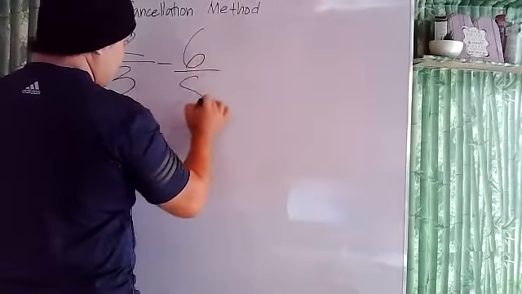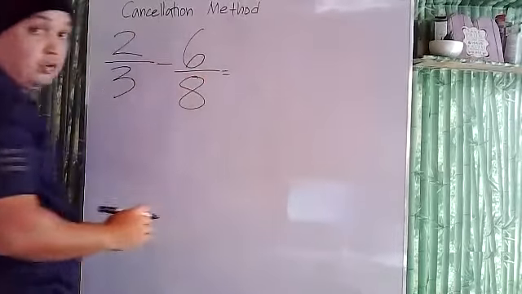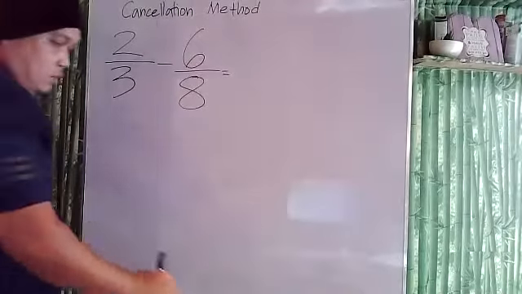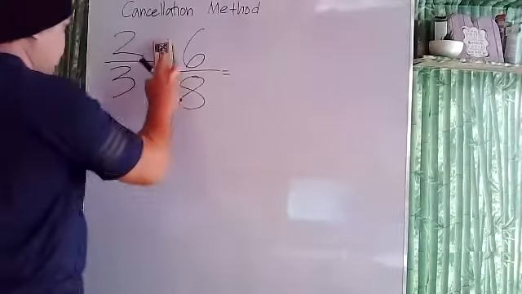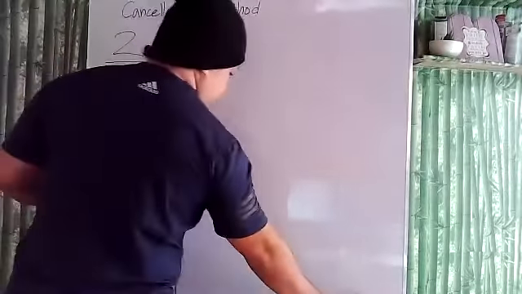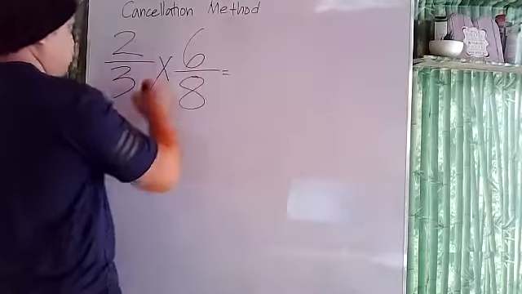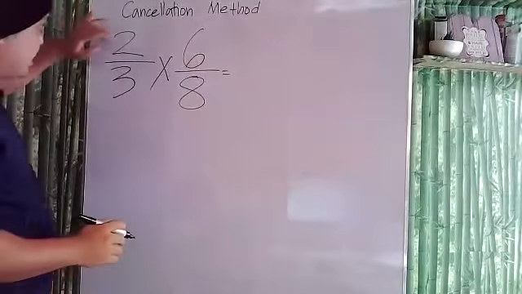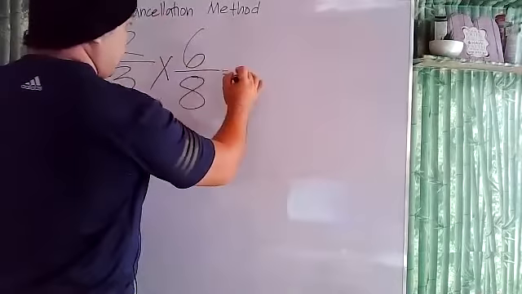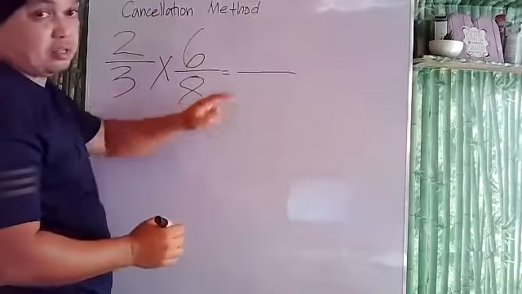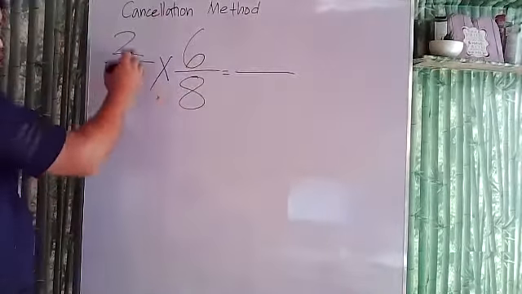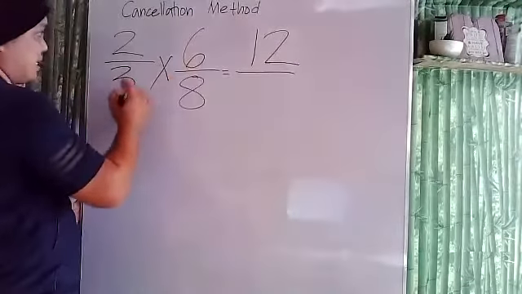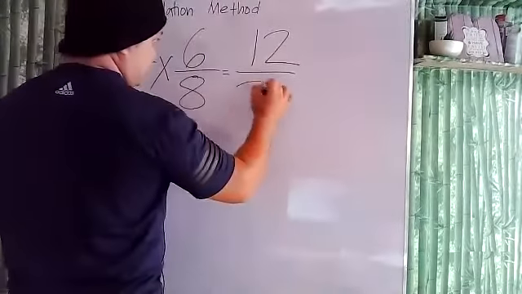Now, if we use the long method like yesterday, this is multiply, not subtract. We multiply the numerators and multiply the denominators. So 2 times 6 is 12, while 3 times 8 is 24.